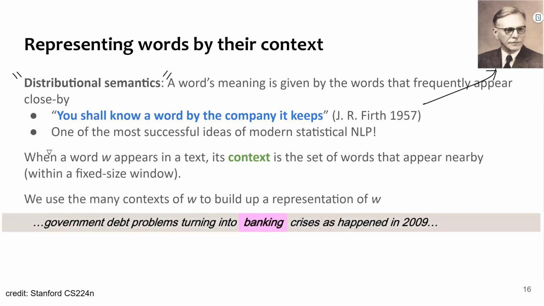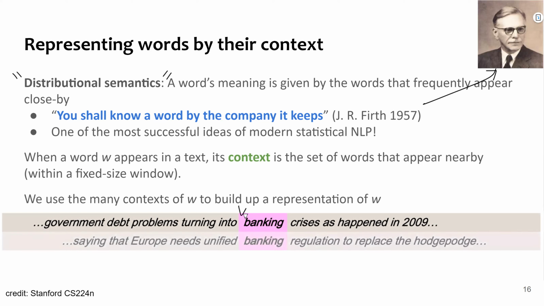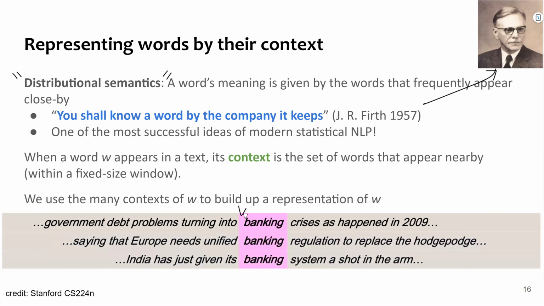For example, let's say banking is the word we are interested in. Then there might be many contexts in which banking occurs. These context words will represent banking. Therefore, if banking comes frequently with crisis, then you might guess banking and crisis have similar meanings.